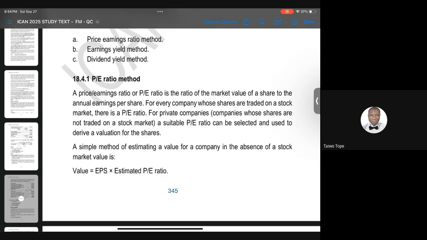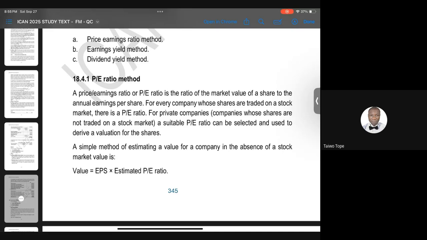But where it is listed, you know they've passed through certain litmus tests that warrant them to be listed on the stock exchange. But where you are not listed, you begin to have some double mind. So because the companies are listed, they are more attractive to investors than shares of companies that are unlisted.